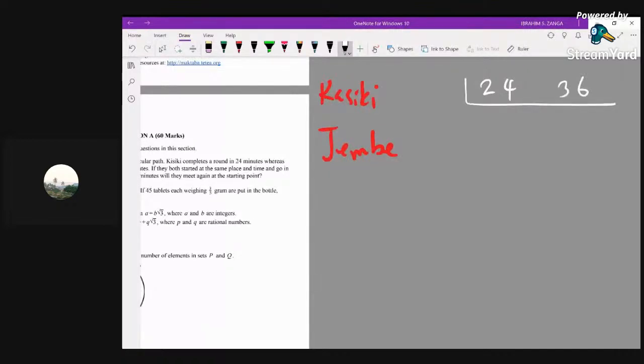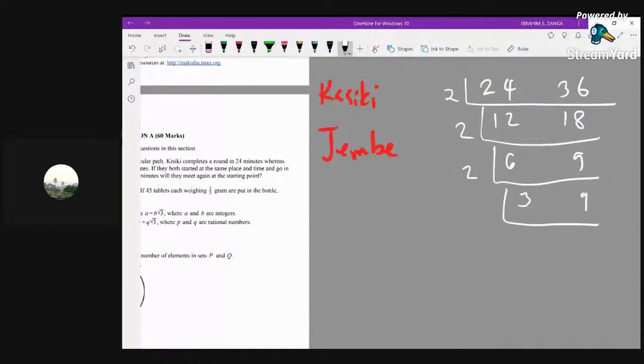So we go by 2: 12, 18. By 2 is 6, 9. By 2 again, here will be 3, 9. By 3 will be 1, 3. And by 3 will be 1, 1.